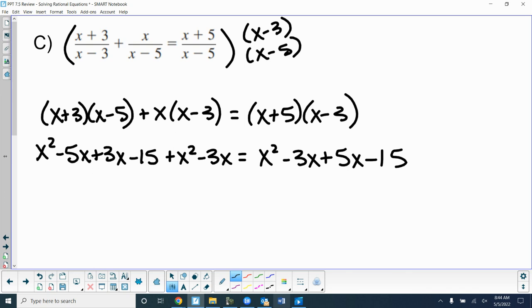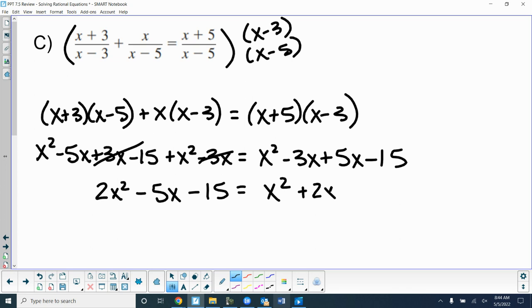Let's combine like terms here. I got 1x squared and another 1x squared. What happens to this 3x and the negative 3x? They cancel, so I got negative 5x and a minus 15. Over here, combining like terms, I got an x squared and a 2x minus 15.